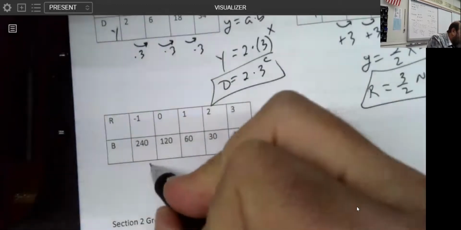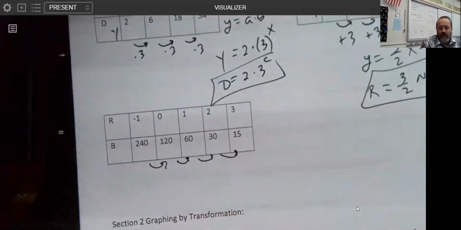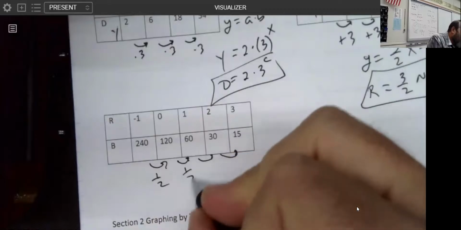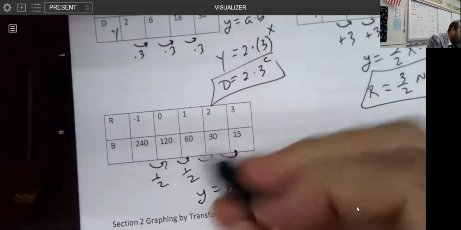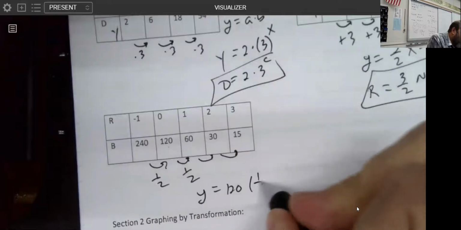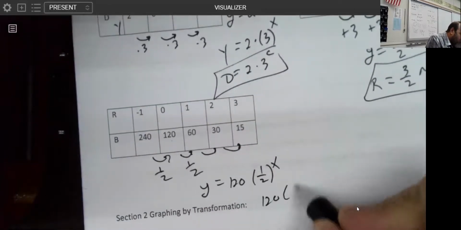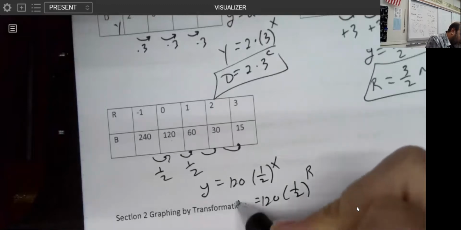Last one, I know most of you are going to look at this and see very quickly that we're dividing every single time by 2, but that's actually the same thing as multiplying by 1/2. And so again, our initial condition happens to be 120. That's the time 0, and it'd be 1/2 to the x. But again, we can replace the value x with the independent value r, and y would be b.